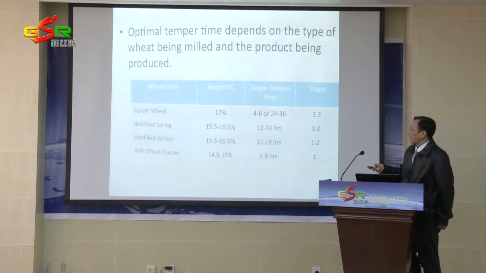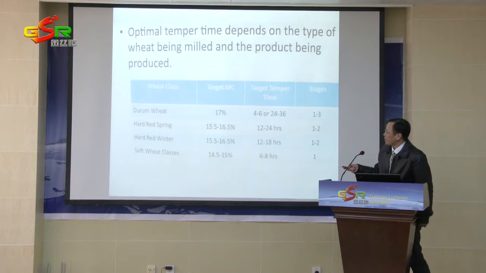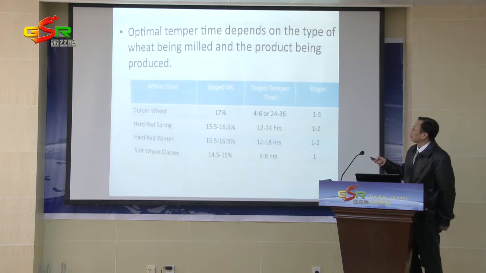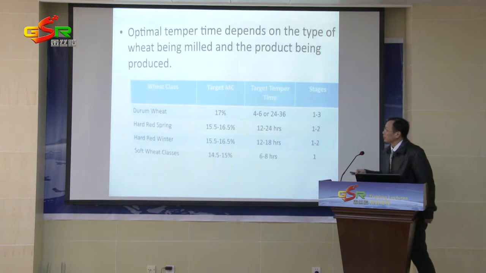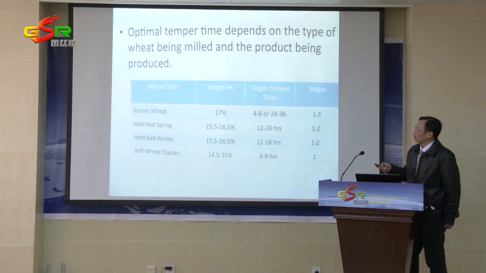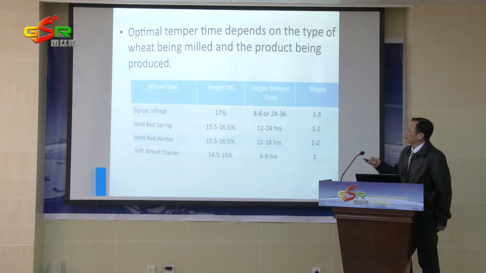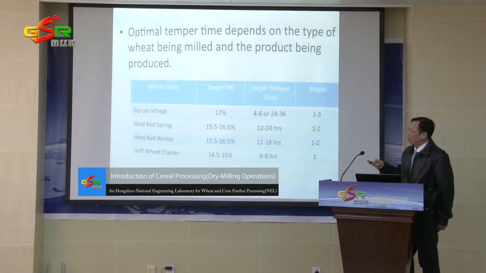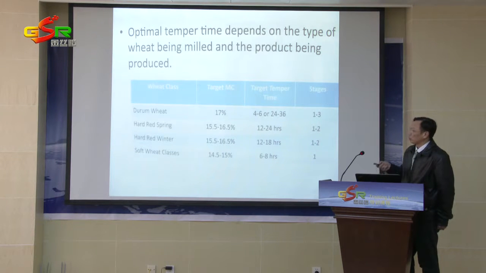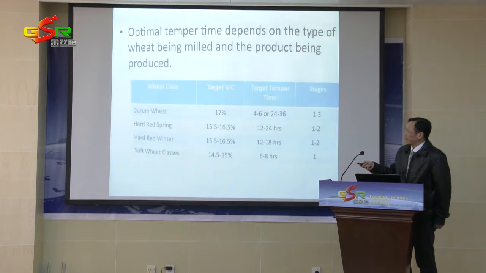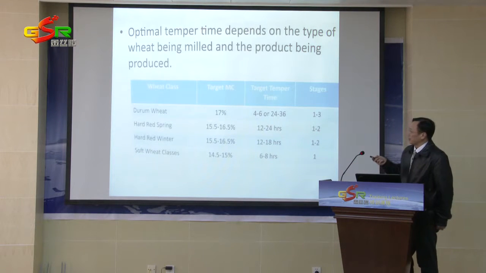And for hard red winter wheat, the optimal moisture content for milling is between 15.5 and 16.5%. So we can use the conditioning process to get the target moisture and mellow the endosperm of the cereal to get the ideal product.